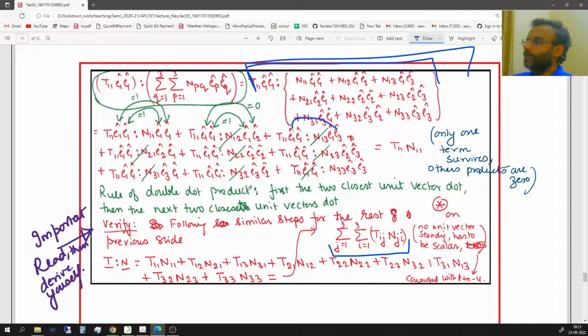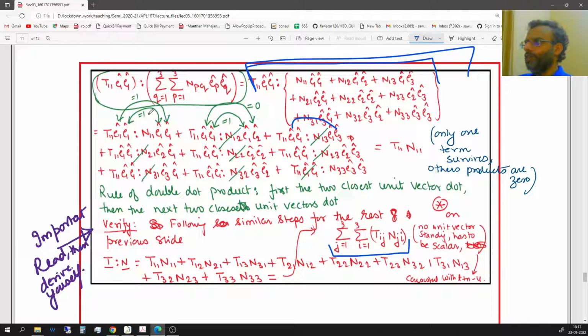Now, the rule of the double dot product is actually the same as what we had for the single dot product, with the only difference that the single dot operation has to be performed 2 times, one after another. And first, the 2 closest unit vectors will dot with each other. Closest means the rightmost of the left tensor will dot with the leftmost unit vector of the right tensor, and then this will be repeated. So I have shown with these double-headed arrows how these operations will be performed.